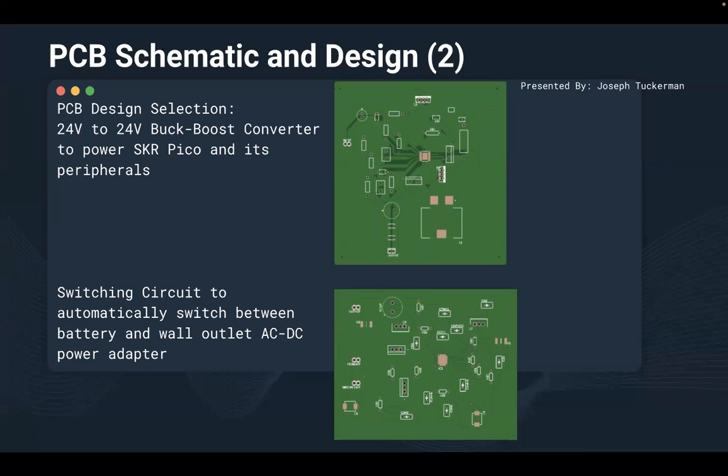And as mentioned before, it's used to power the SKR Pico as well as its peripherals, which are the stepper motors. On the bottom, we have the switching circuit, which, again, as mentioned before, automatically switches between battery and wall outlet AC to DC power adapter.